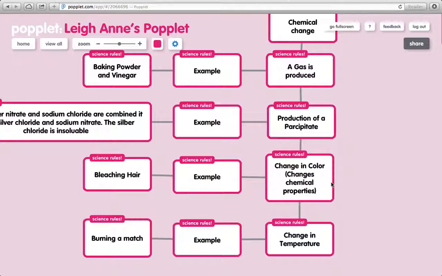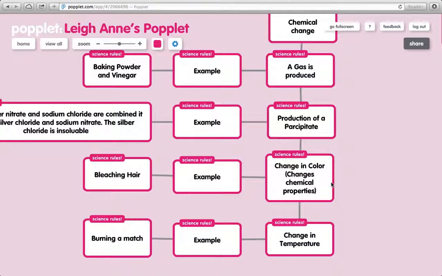Now, this deals with the change in color of the chemical properties. It's not just like painting something, because if you just paint something, you're just changing the physical aspect. This is actually changing the chemical makeup of it. And then we go down here, and you can see the last chemical change I said was temperature.